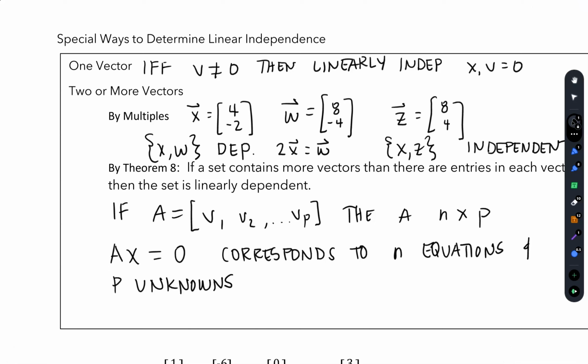And since p is greater than n, right? So p is going to be greater than my n. We have a non-trivial solution, so it is dependent.